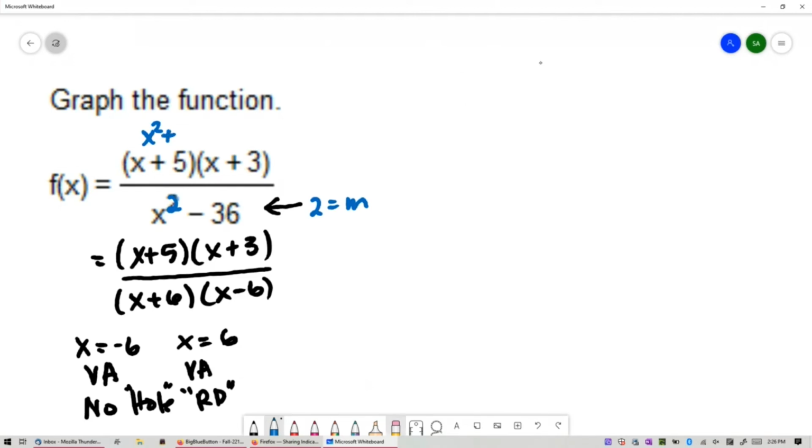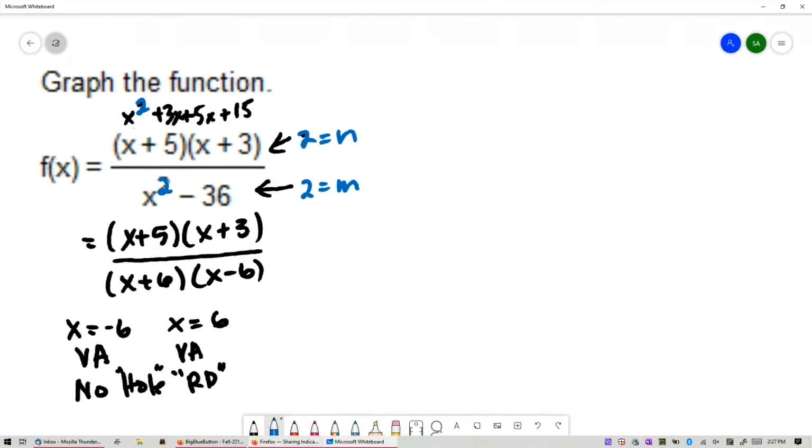If we multiplied this out, we would get x squared plus 3x plus 5x plus 15, and that highest power on x from the numerator is a 2 as well. So we have a degree of 2 in the numerator, which we call n.